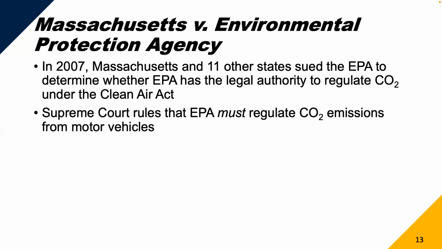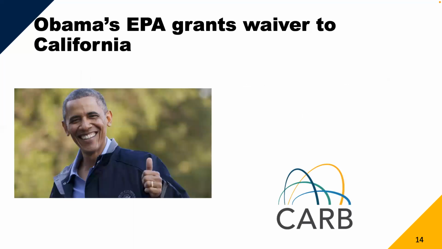Okay, so we're kind of coming to a big head here. So March 2008, Bush administration denied the waiver, but then end of 2008, Obama gets elected and they immediately grant the waiver for the California Air Resources Board.